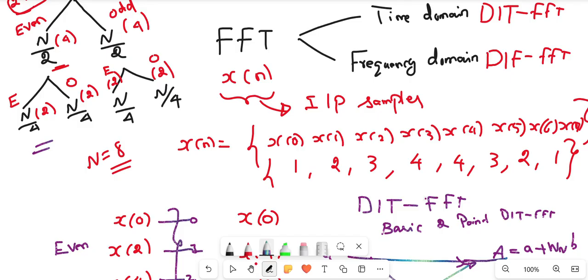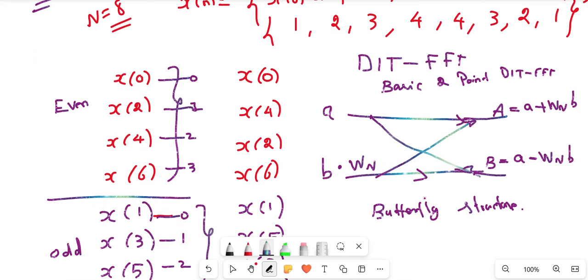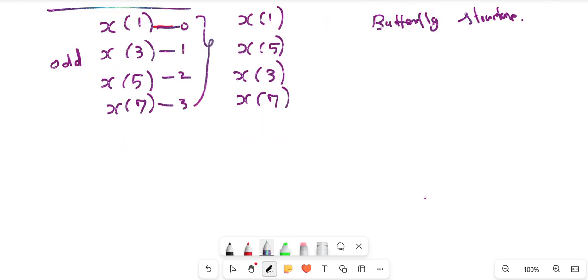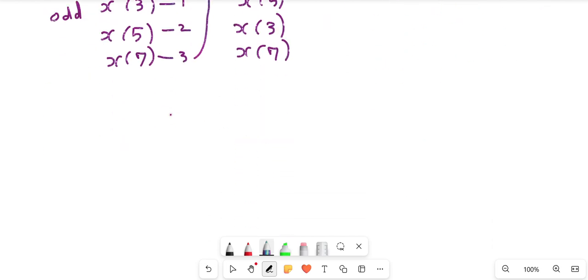Next we will discuss the important properties of the DFT. Before the derivation of the decimation in time and decimation in frequency FFT algorithms, we will discuss the twiddle factor, because the twiddle factor plays a vital role in the FFT algorithm.